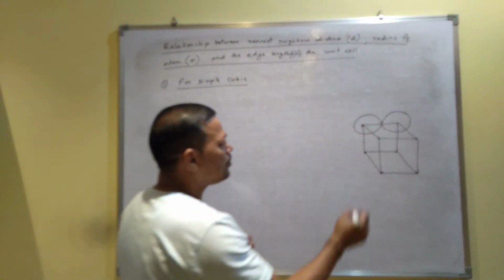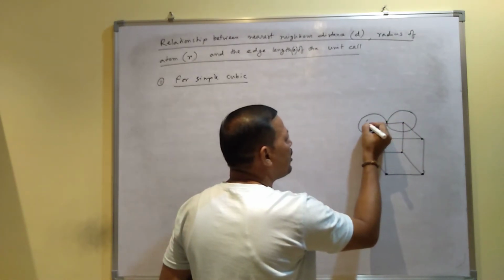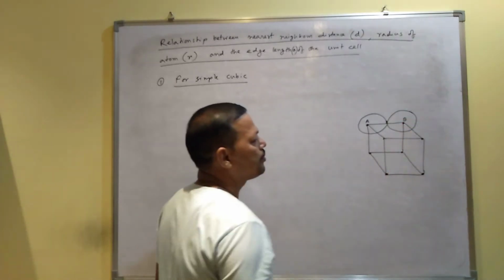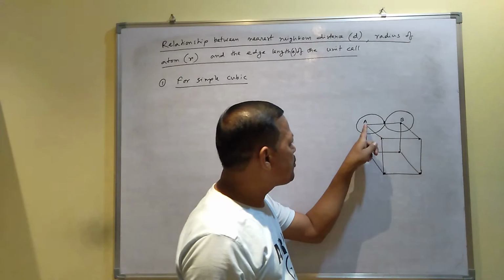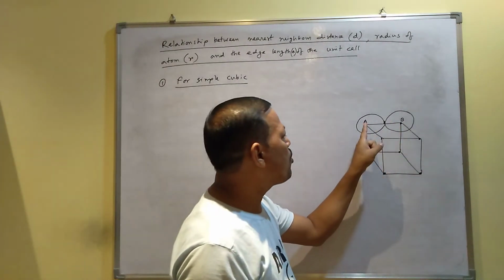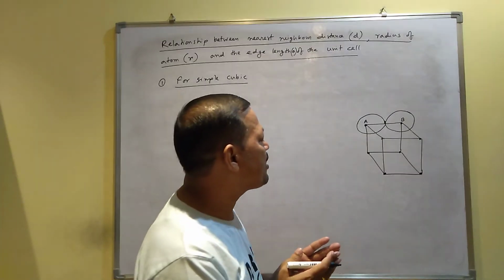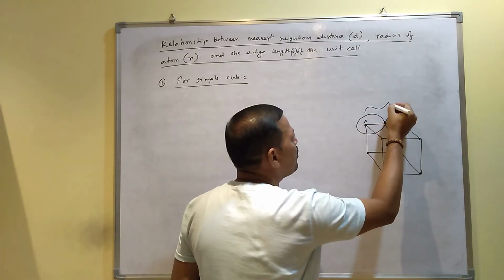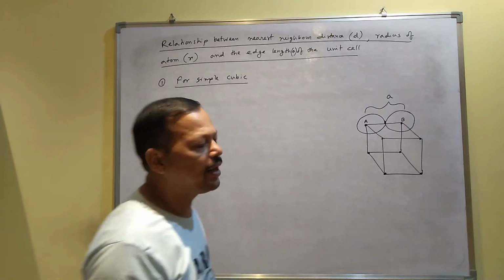Now suppose this center is represented by A, this center is represented by B. Since it is cubic, from this A to B, this length is called the edge length. I mean from one corner to another corner, the length is called the edge length, and that is represented by the symbol a.